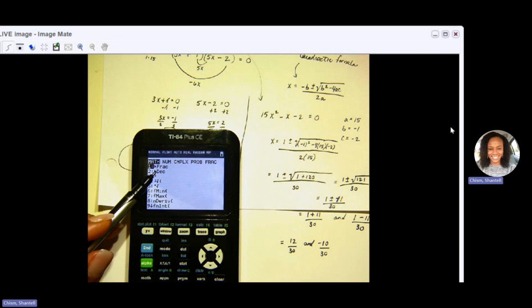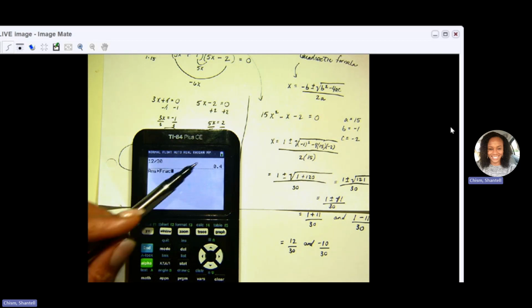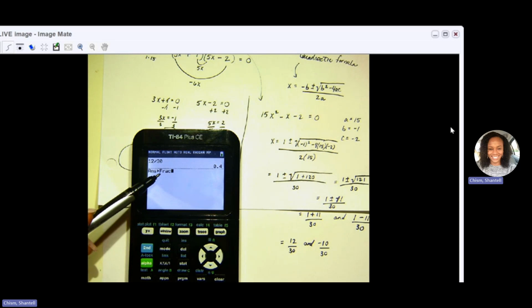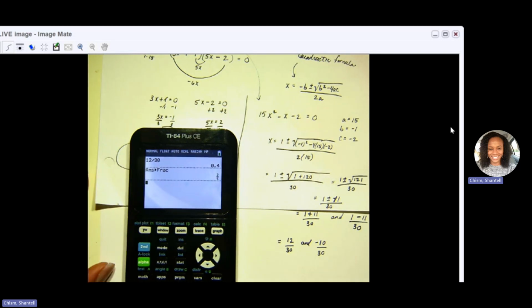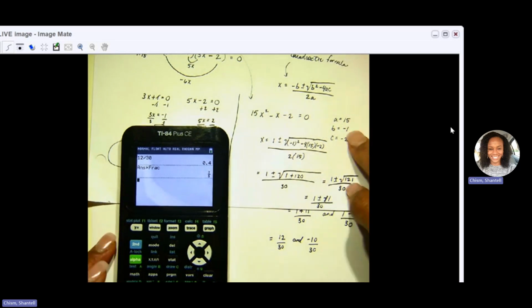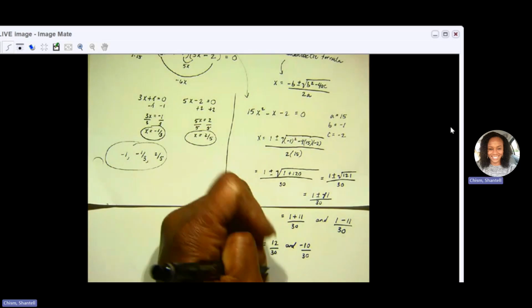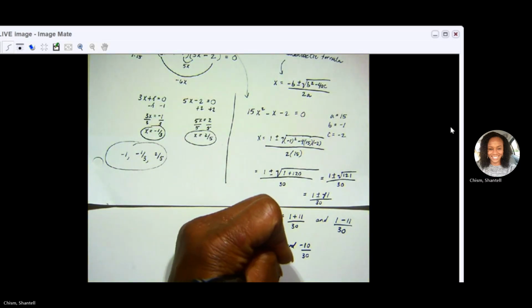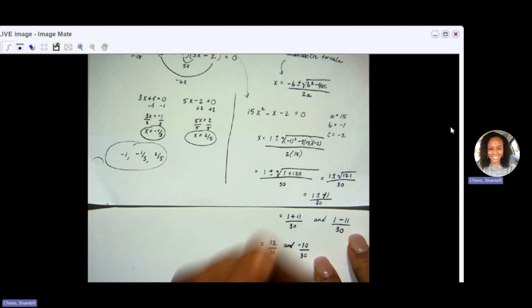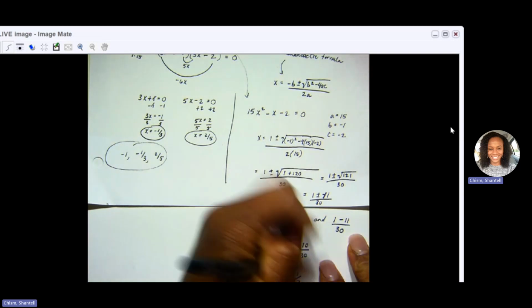And the frac just means we'll take that answer that we just saw in our calculator and put it in lowest terms fraction form. So we're going to press enter now. So it's taking that 0.4 and changing it to a fraction in lowest terms. That's where we get 2/5 from. So 2/5 is what 12 over 30 became. And this negative 10 over 30 became a negative 1/3.